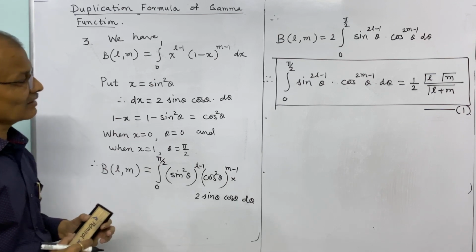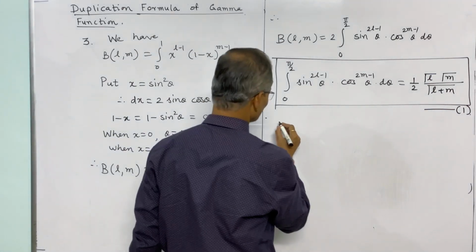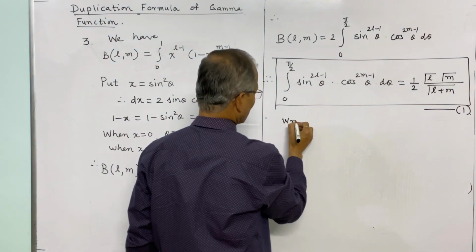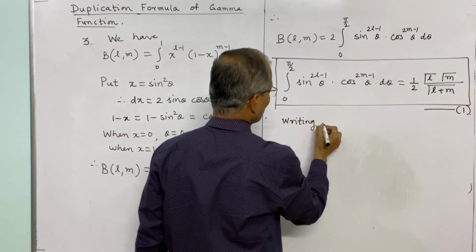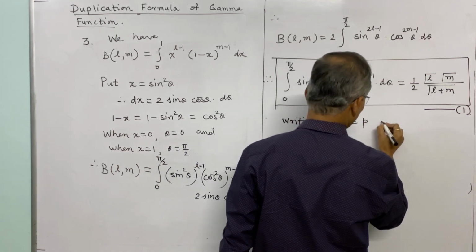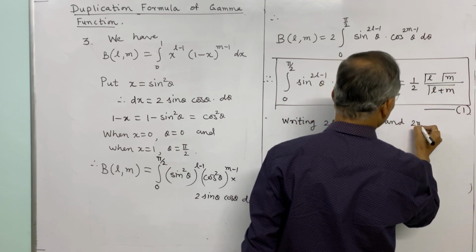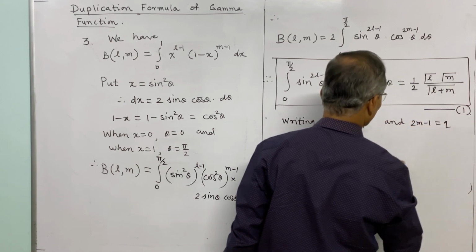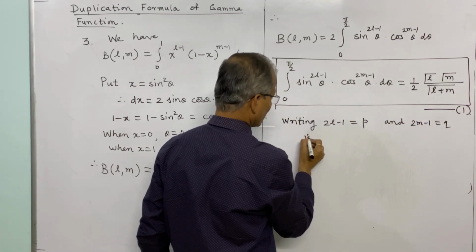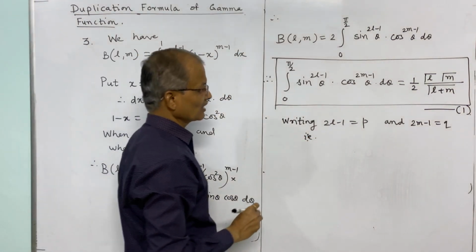And further we can rewrite the result, writing 2L minus 1 equal to P and 2M minus 1 is equal to Q. Now you see, 2L minus 1 is P means what is L?